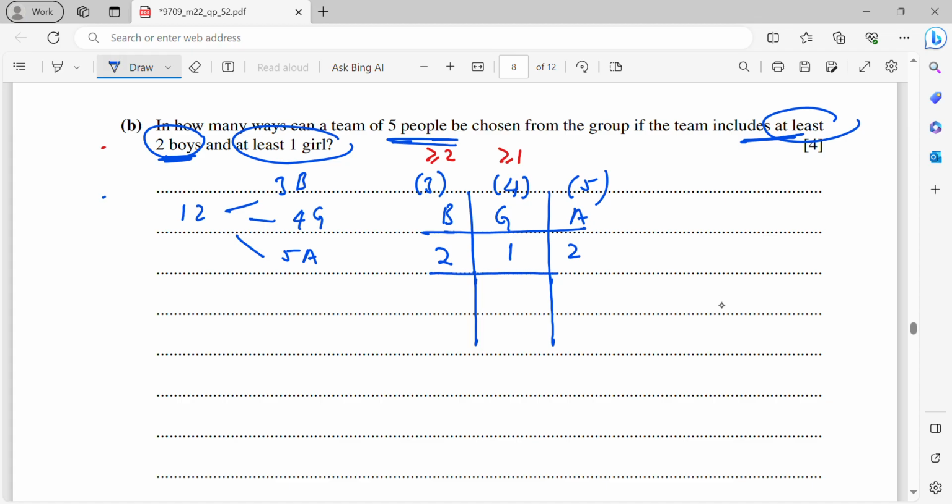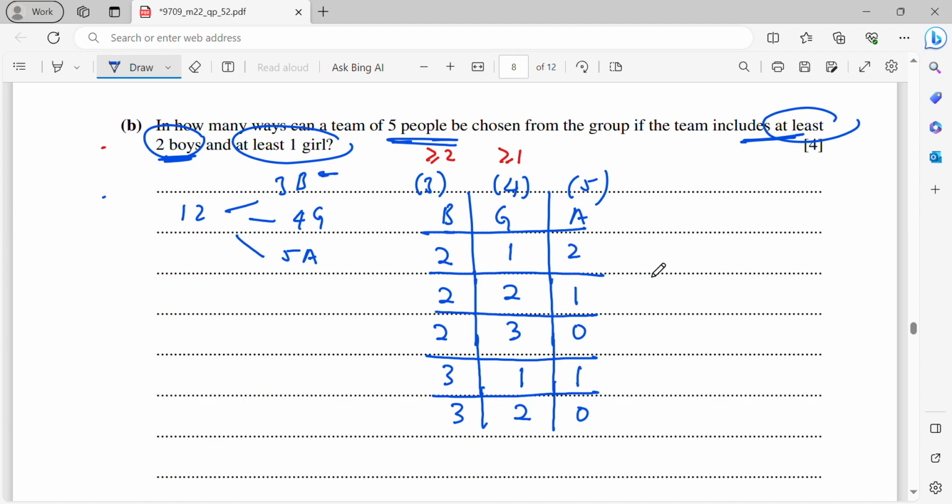Or I can choose 2 boys, 2 girls, so here 1 adult, or I can choose 2 boys, 3 girls, then here is 0. Now remember we need at least 1 girl. So I consider 3 boys: 3 plus 1, then plus another 1 to get 5 people, and then I can have 2 girls and 3 boys, then here is 0. I cannot choose 4 boys because we only have 3 boys in total.